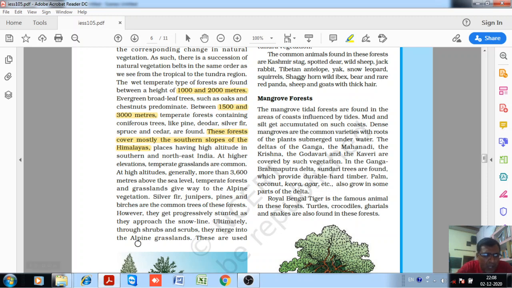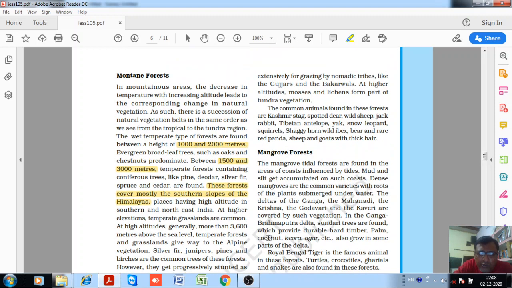Through shrubs and scrubs they merge into the alpine grasslands, which are used extensively for grazing by nomadic tribes. Nomadic tribes means those who move from one place to another with their flocks, with their rearing animals, like the Gujars and Bakarwals.